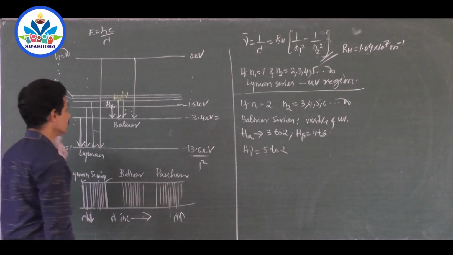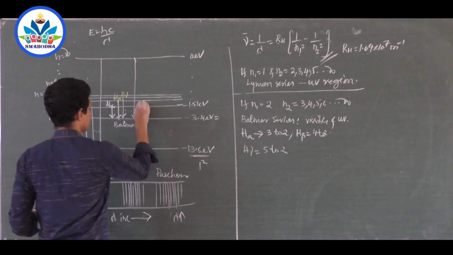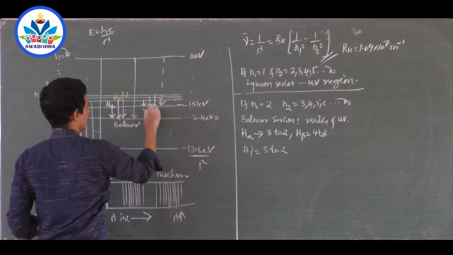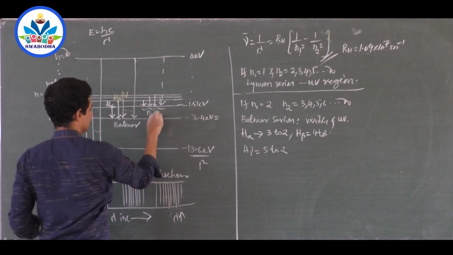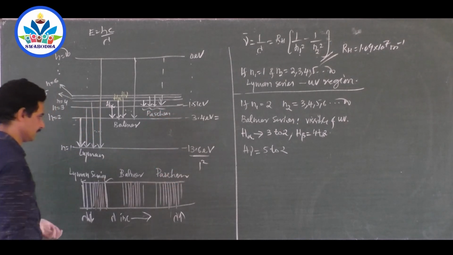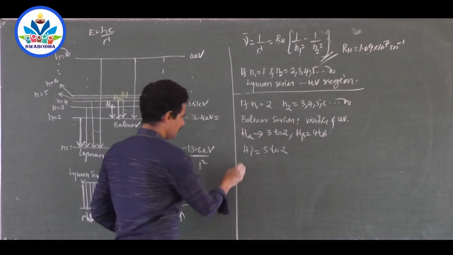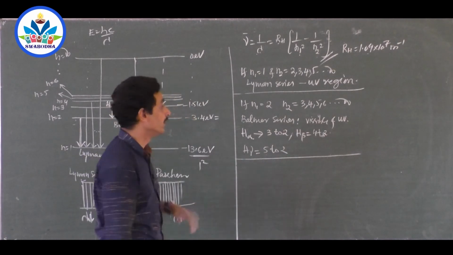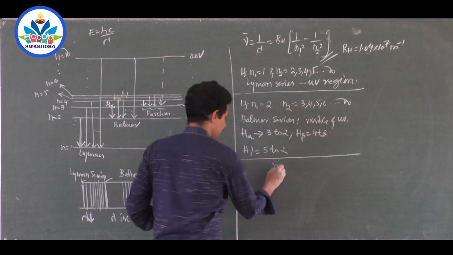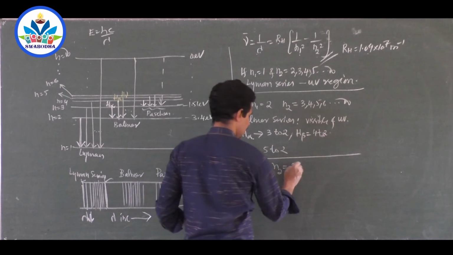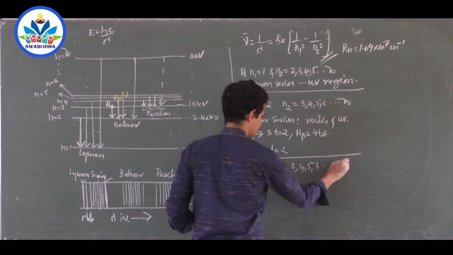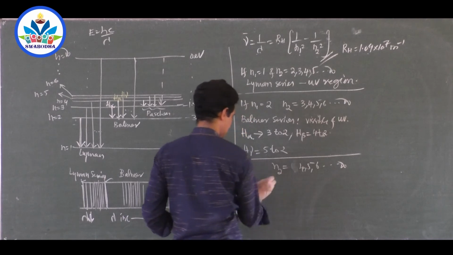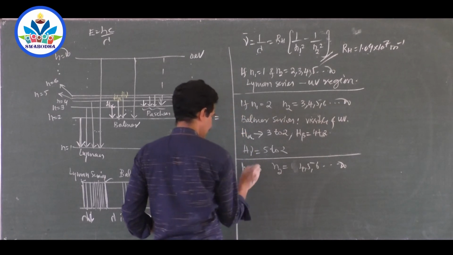You can't see them. So if the electron jumps from any of the higher orbits to the third orbit, what is this called? Not Lyman, not Balmer, it is the Paschen series, P-A-S-C-H-E-N. The Paschen series is the set of wavelengths obtained in a hydrogen spectrum when the electron in the hydrogen atom jumps from any of the higher orbits, 4, 5, 6, etc., to the third energy level.